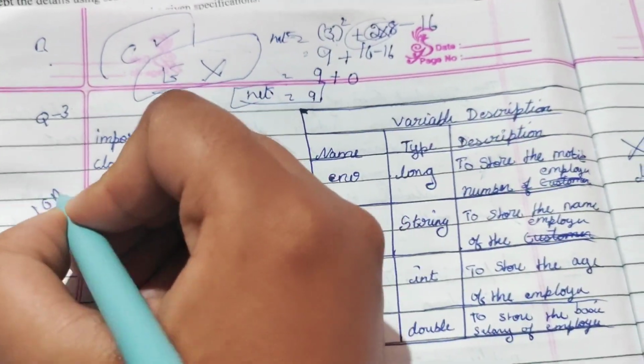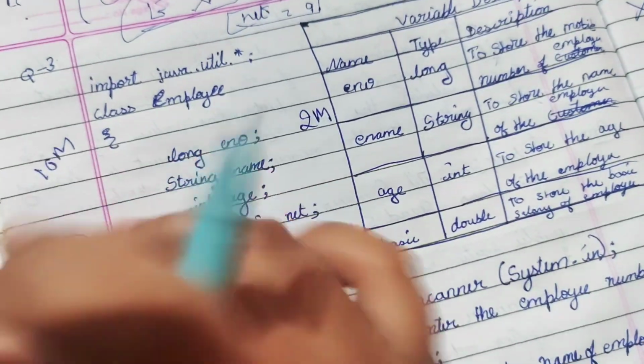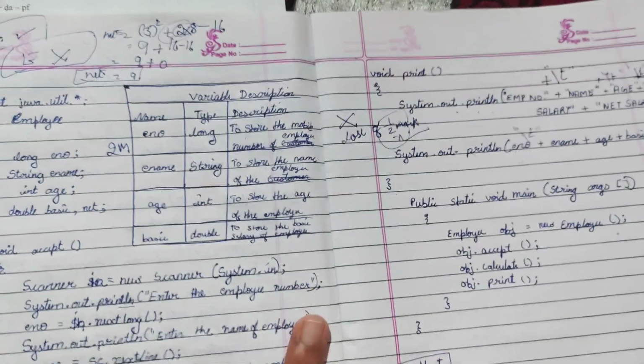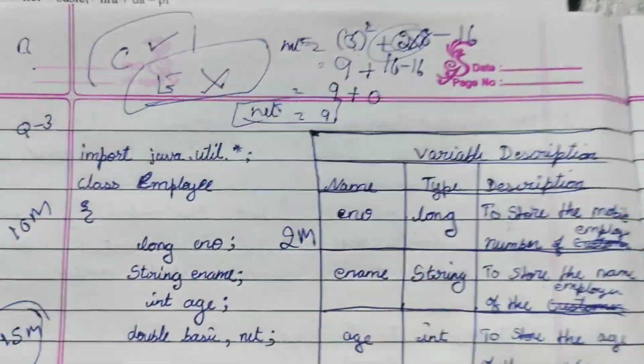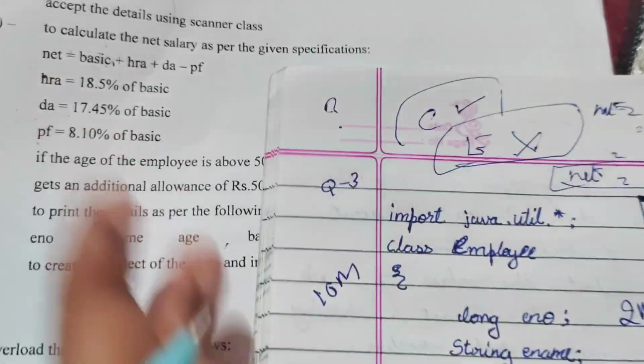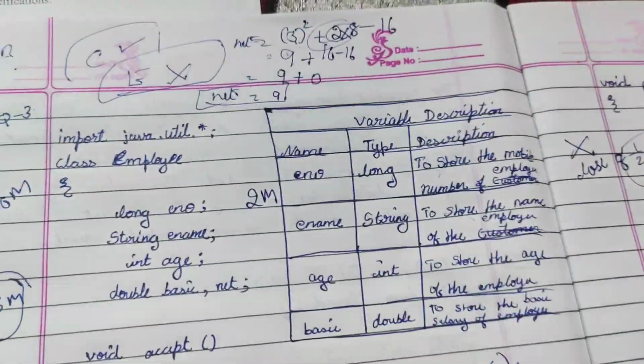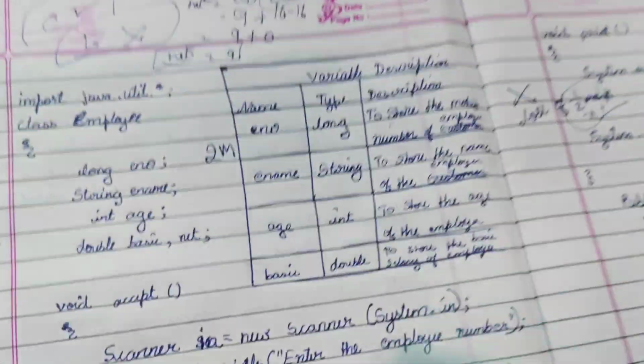The other whole program is just for 10 marks, so in total you will get 15 marks for this program. Just see the question paper, write the values, keep the logic and just initialize it. This is a very easy program, and you could score 15 out of 15.